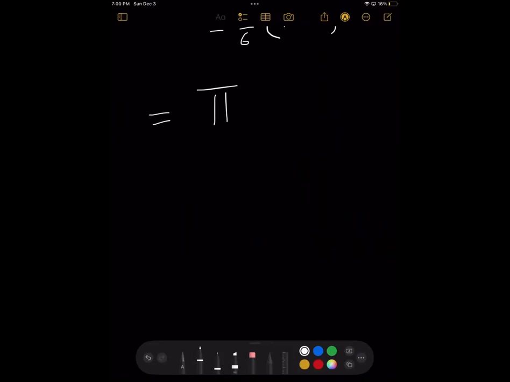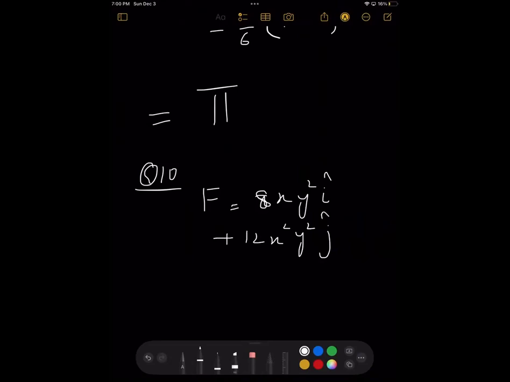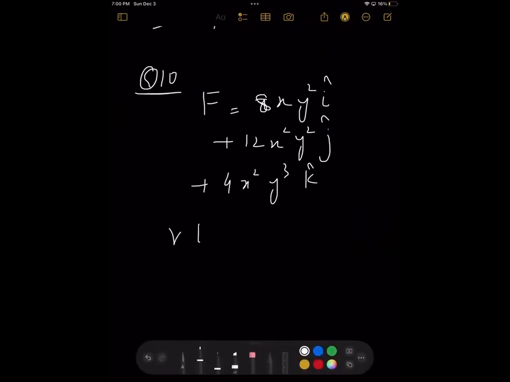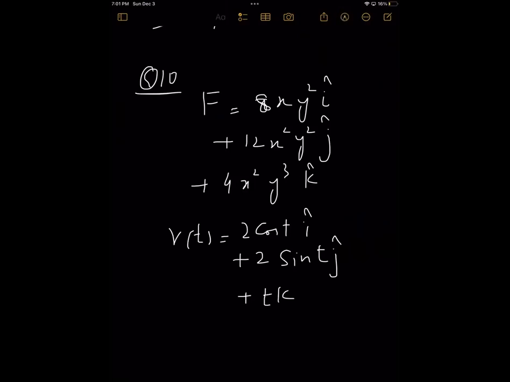So question number 10. Our f is 8xy squared i plus 12x squared y squared j plus 4x squared y cubed k, acting along a helix, and the helix is r(t), which I will write as 2 cos t i unit vector plus 2 sin t j unit vector plus t k.